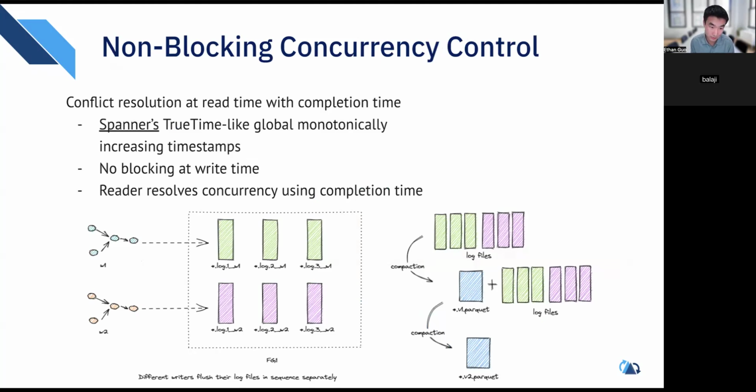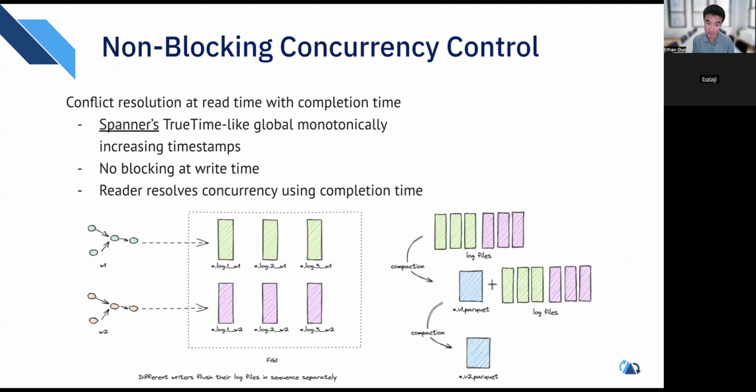We introduced conflict resolution at read time with the new completion time notion. This completion time complements the current instant time, or start time, so that each transaction can be represented as a time span on the timeline instead of a single time point. In this way, we make sure that both writers can write to the same file group.